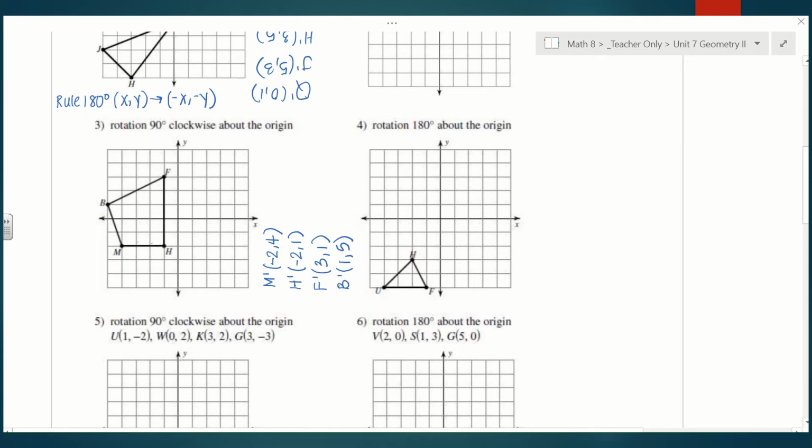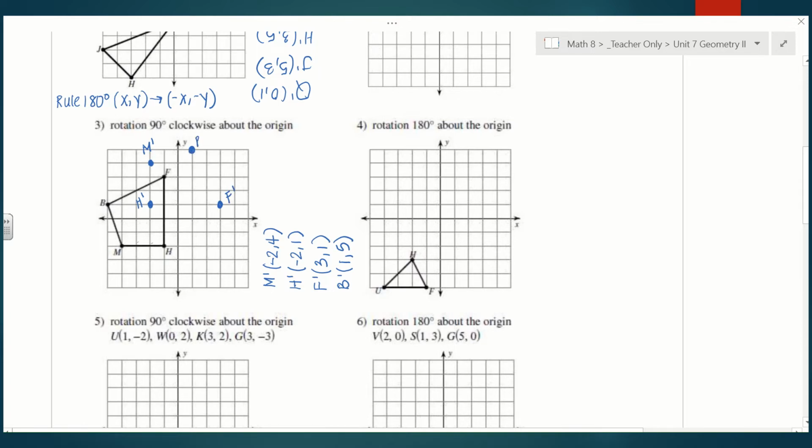Okay, so when you're ready, we're going to replot. Negative 2, 1, 2, 3, 4. This is my M prime. H prime. It's F prime.